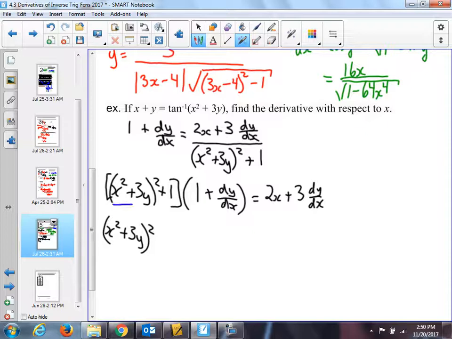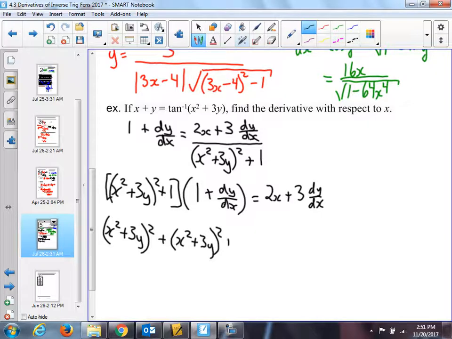Then I distribute to the next term, that with a dy by dx attached. Yeah, I'm going to do it that way. I did it a different way last year. I was just taking a look at it. Okay. X squared plus 3y squared dy by dx. I've distributed.